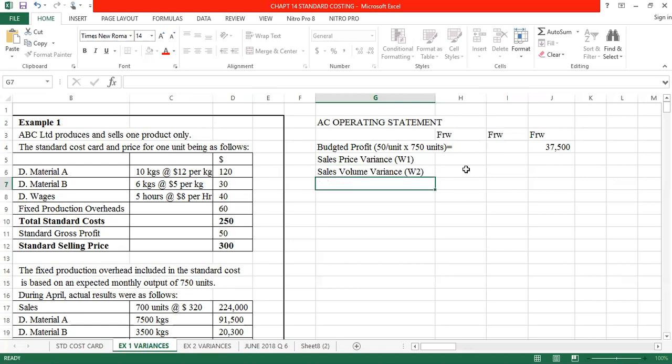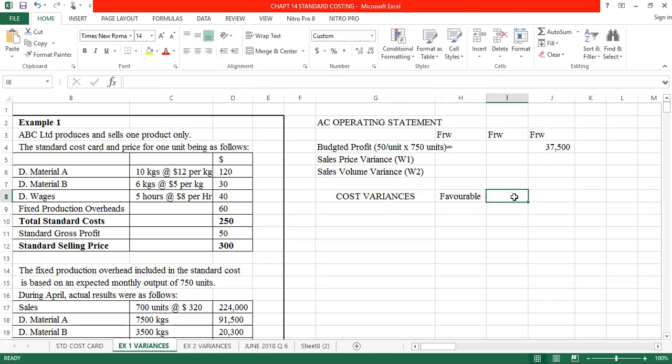Next, you'll get the total of that. And then next, you'll go to cost variances. I'm just following the format we learned so that when I calculate, I come and post. For cost variances, this column will be for favorable and this column for adverse.